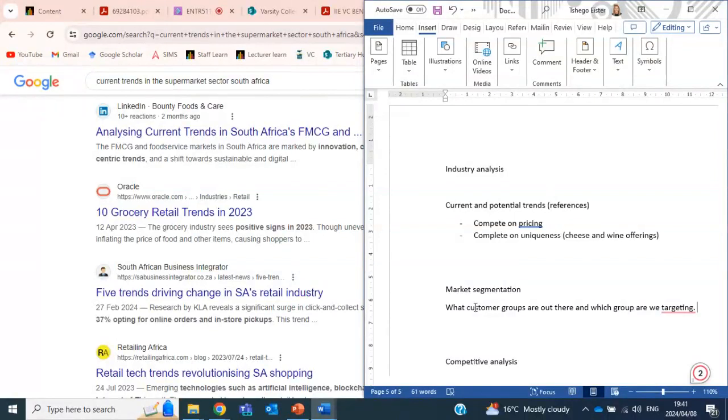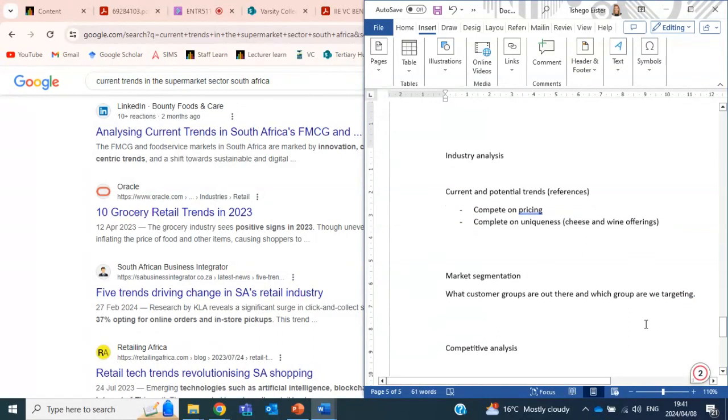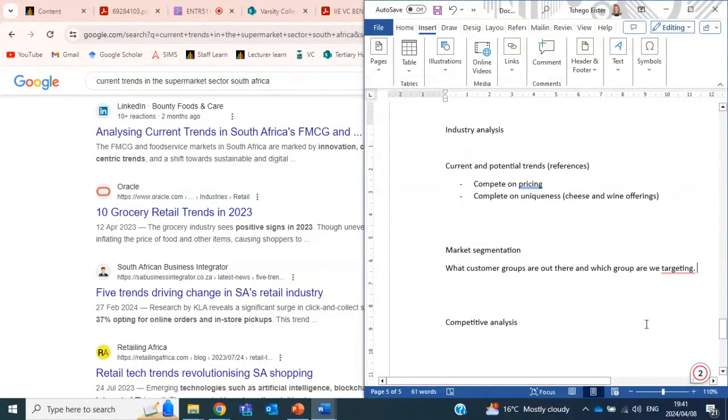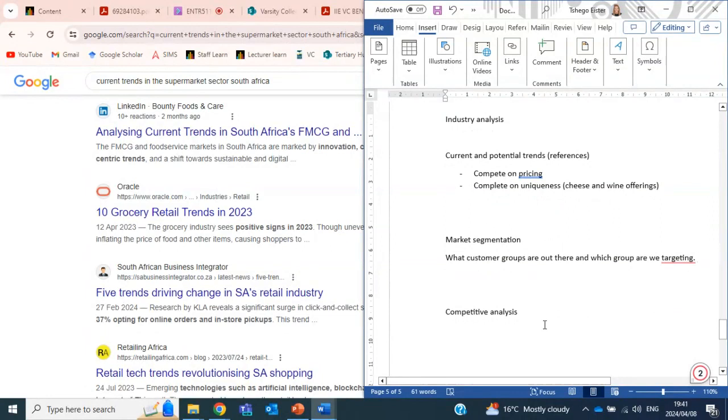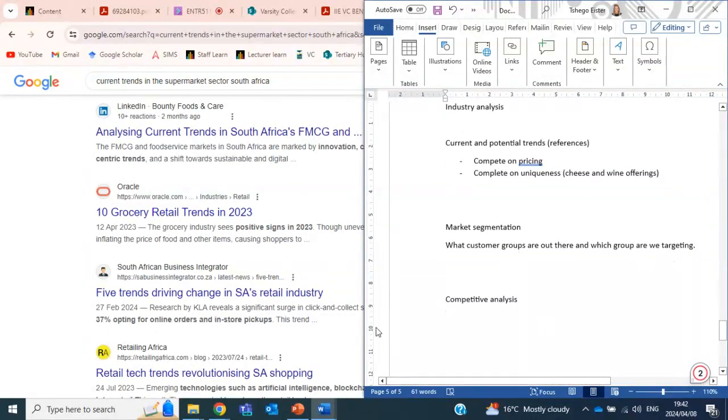And also they're trying to be a little bit more unique. So then you would have to say, what type of market segmentation, what are we reaching out for? If you think about ShopRite, for instance, they're definitely trying to get the cheapest, or the customer who wants to pay the cheapest price. Woolies, they're doing the exact opposite of that, and they're targeting customers who are a little bit more affluent. And Checkers, I would say, is trying to be a bit like Woolies, but I'd say they're more in the middle. So competitor analysis would also include that.